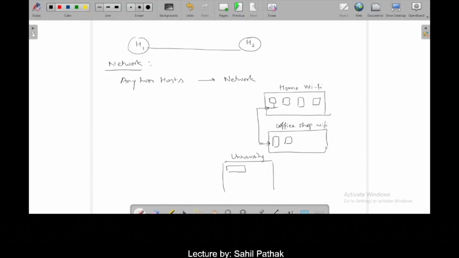Different departments have their own logical grouping of networks, like department 1, department 2, a science department, mathematics department, biology department, or something like this. So we can have this logical grouping of the network also.